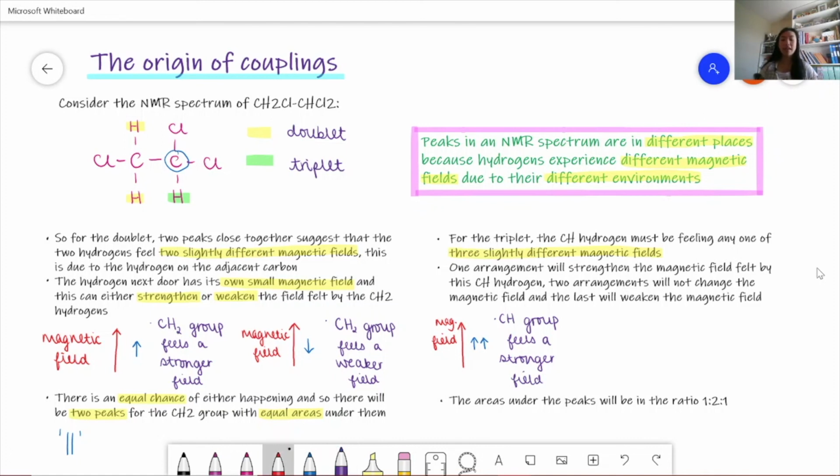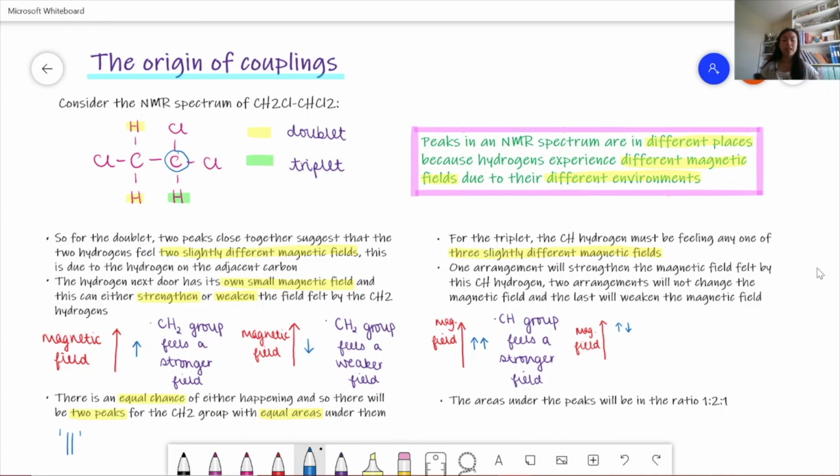And then the second arrangement we get is if we have the magnetic field and we have one being aligned with the magnetic field and one being aligned against the magnetic field.